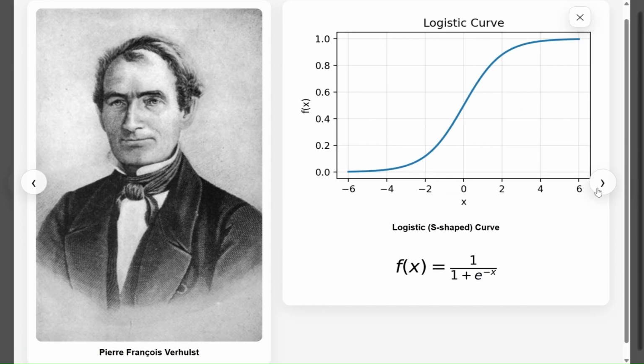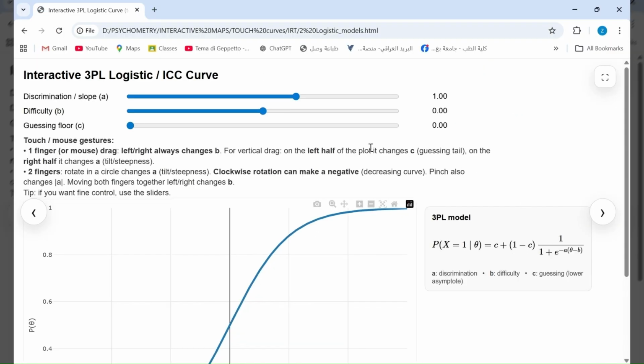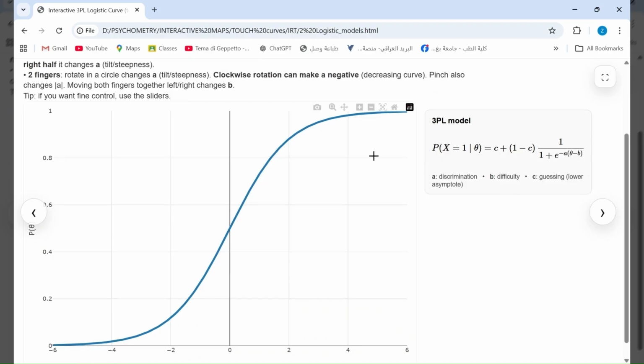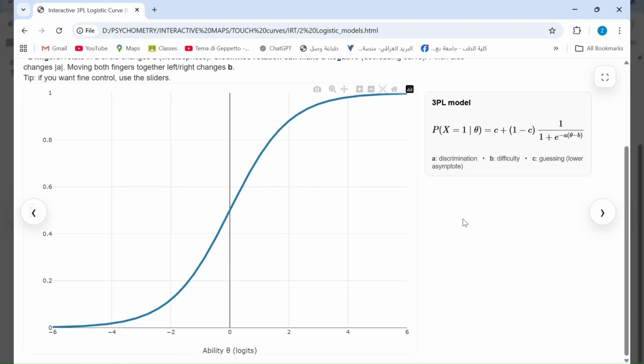All right. So now in psychometrics, we are using these logistic curves in psychometric analysis. Here, the x-axis, which is real valued, represents the ability of students in logits. Now, don't worry about what a logit means.